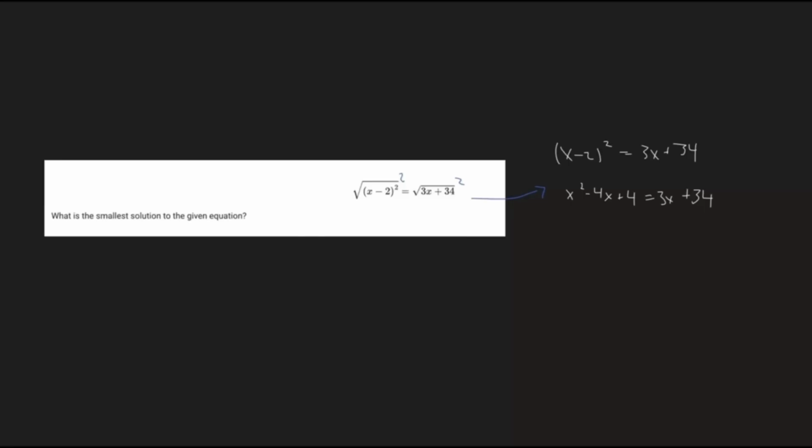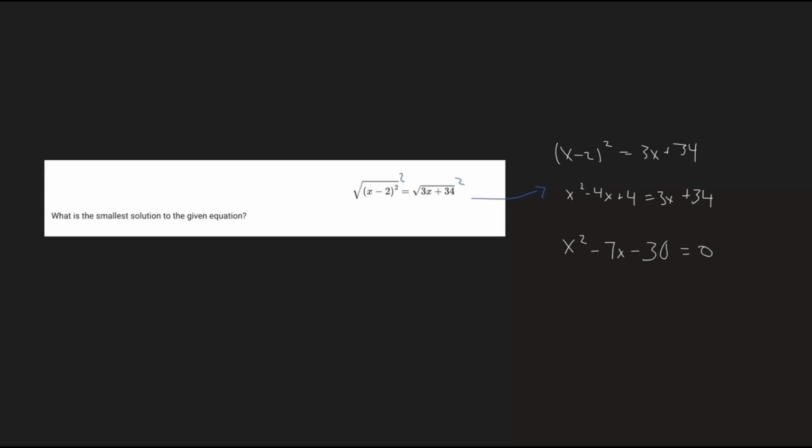So here, if we subtract 3x and subtract 34, we'll get x squared. Negative 4x minus 3x will be negative 7x. And then positive 4 minus 34 will give us negative 30. And the important thing here is we want to set this equal to 0.